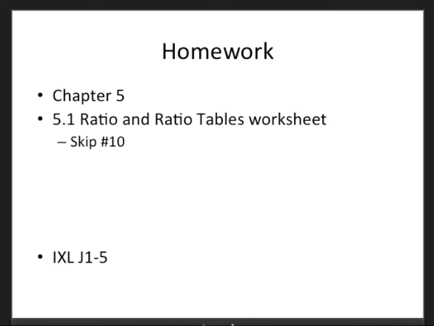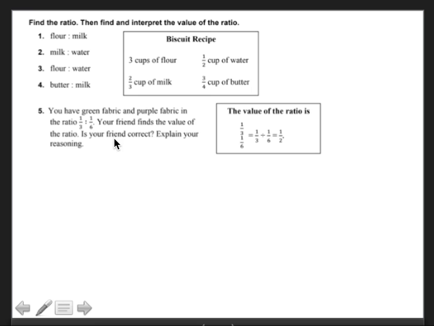All right, so the first 5 problems, remember that it says find the ratio and then interpret the value. That is like back to what we did with the flubber recipe. So when it says find the ratio, your ratio of flour to milk, well, flour is here at 3 cups and milk is 2/3 of a cup. So your ratio is 3 to 2/3.